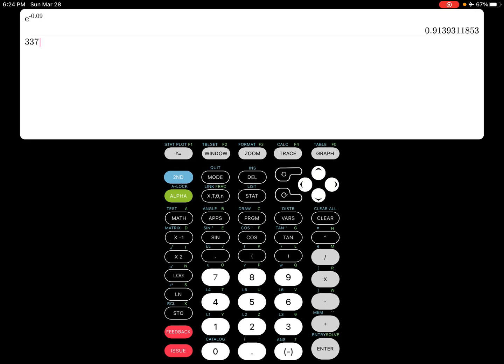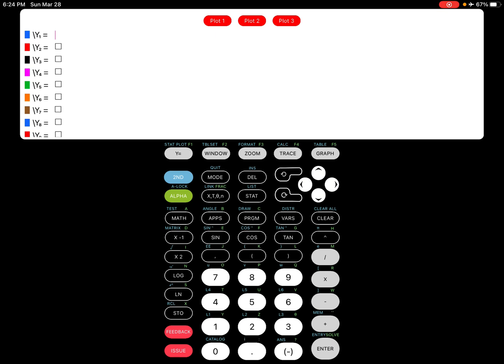So 337 minus 276, second ln button to make the e, negative 0.178, and then t, we're just going to put the x in there.